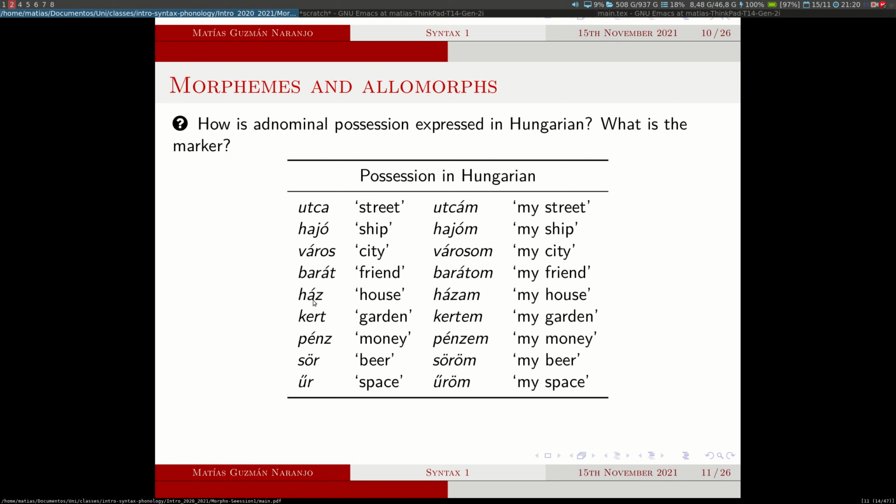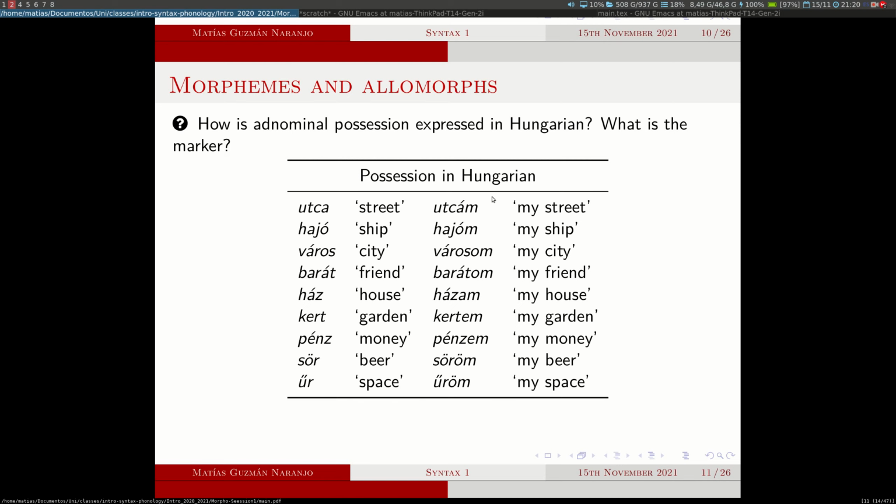There's something else. Yes, has, and Hazam. You're adding an AM, Kert, Kertem, AM, and here. And here, yes. So we won't talk about why this is, vowel harmony and stuff.